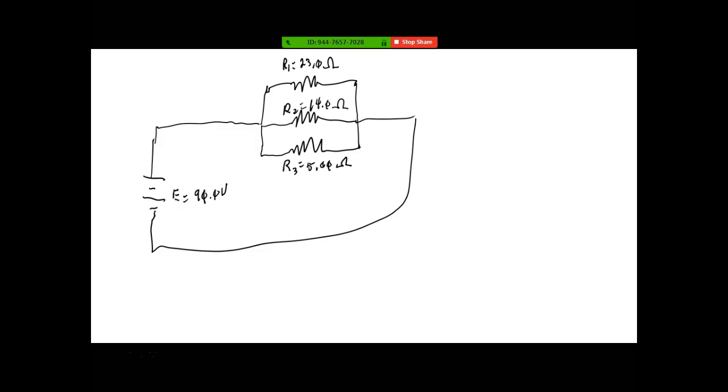We got voltage, we got resistance. What are we missing? I. Yes, in Navy speak. There we have our I. Now, that I is the same here as it is there, but it's not the same here. This would be an I1, this would be an I2, and this would be an I3.